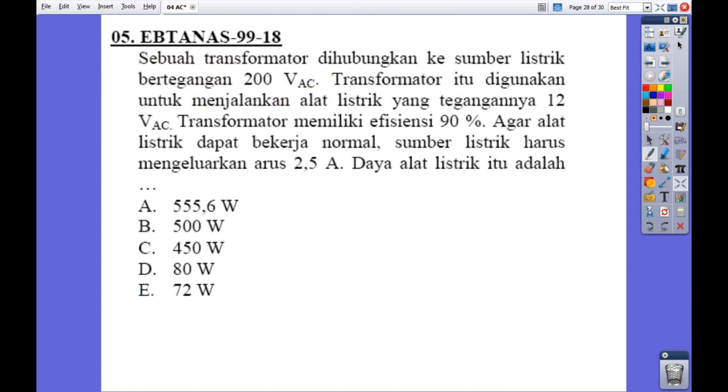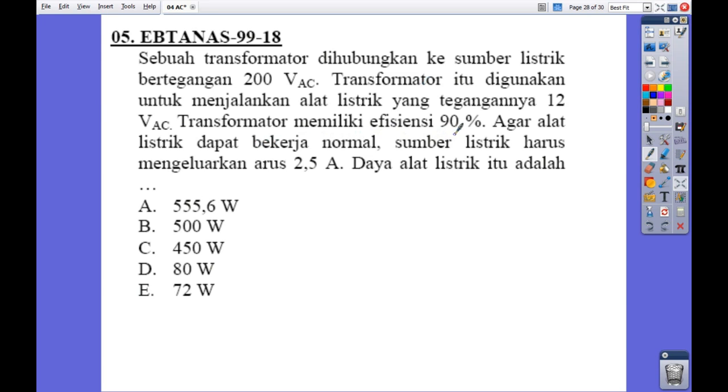Next question is about also a transformer with the same principle as the previous example. Here a transformer is being connected to AC voltage of 200 volt, that transformer is used to run on 12 volt AC.